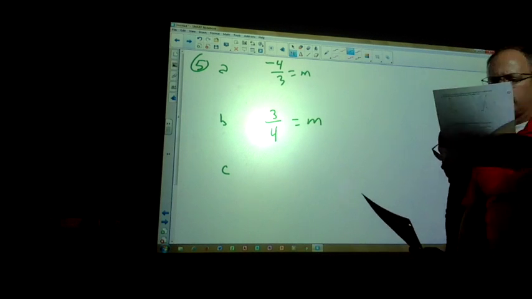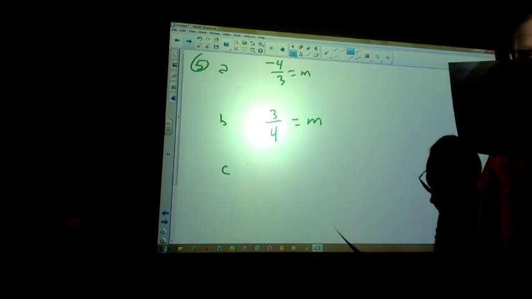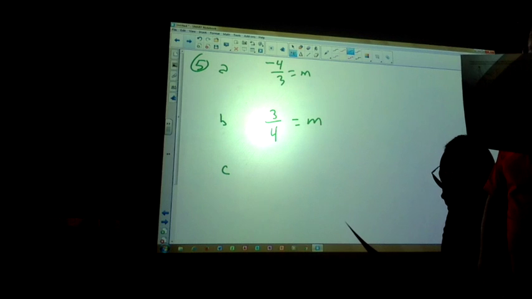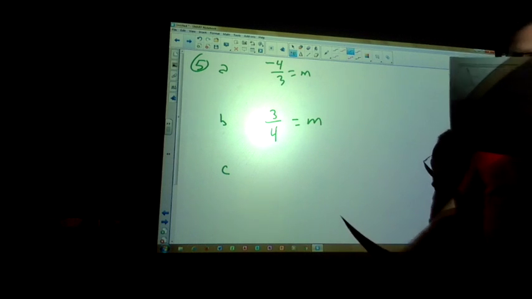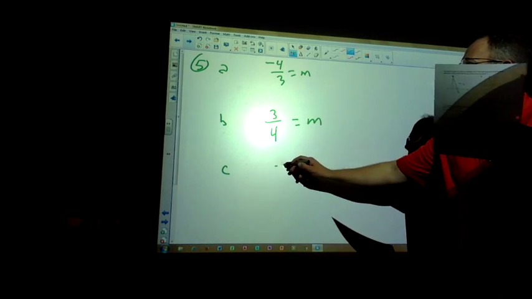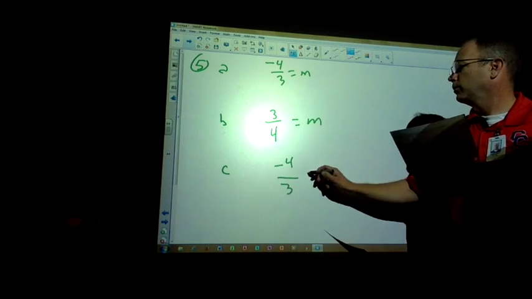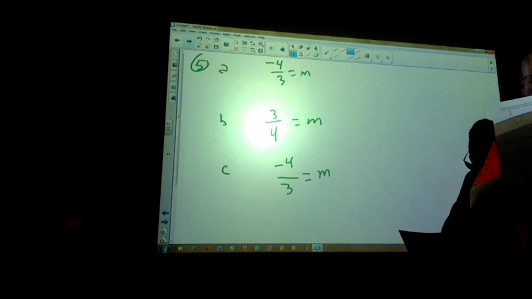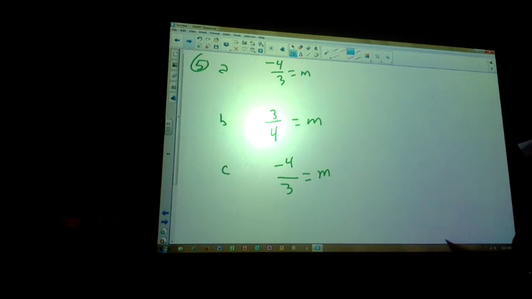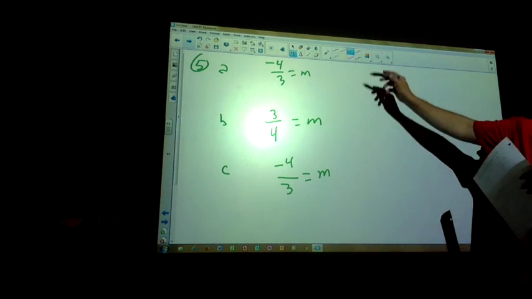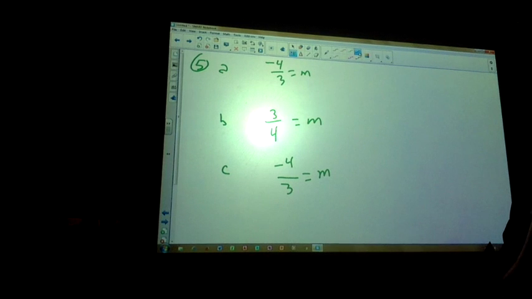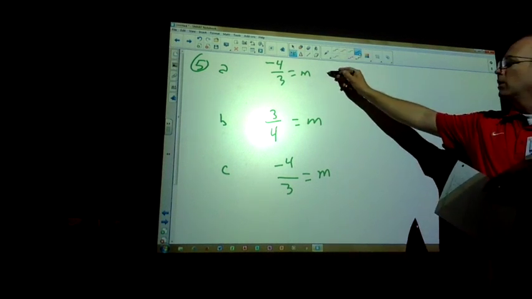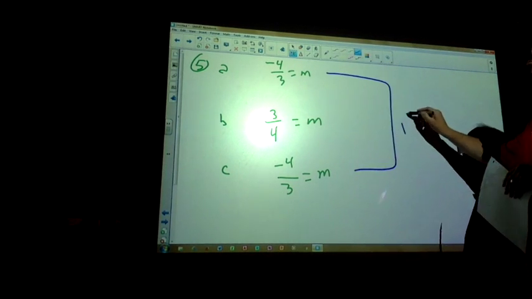Negative 2 minus 2 is negative 4. 3 minus 0 is 3. Where are my parallel ones? Negative 4/3 and negative 4/3. Okay, so those are my parallel.